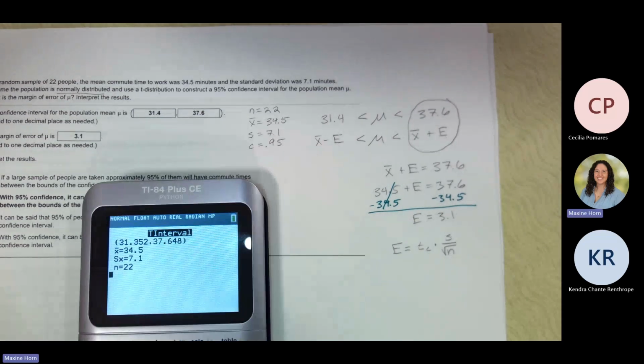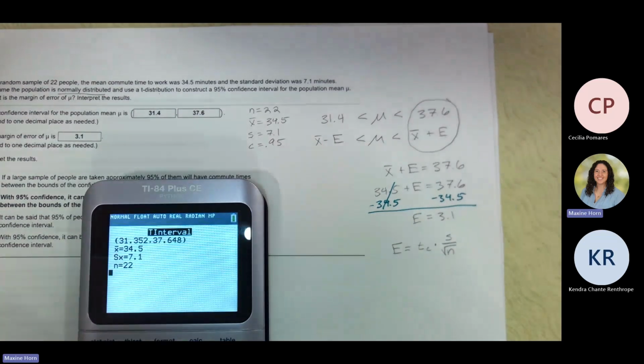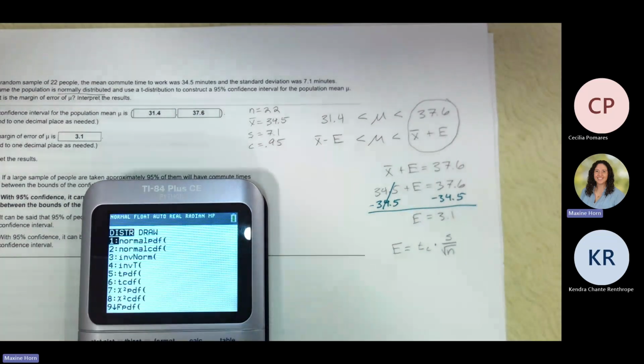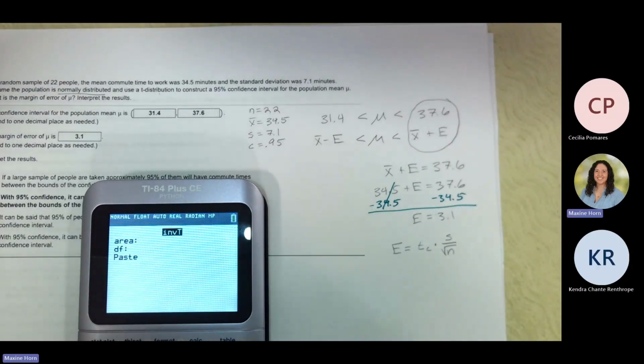So you've got to calculate your t-value. You can do that by looking it up in the table, or on the calculator, we go second vars and then inverse t.